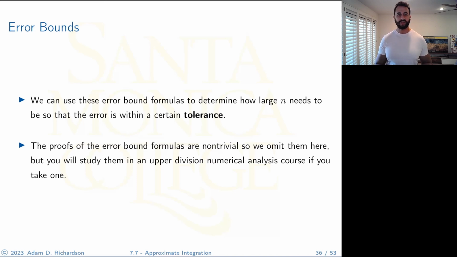How many subintervals would I need to cut up that interval A to B into in order to ensure that the approximation method I use gives me an approximation that's accurate to 7 decimal places? How do I do that? Well, that's where these error bounds come in. These error bound formulas can tell us exactly how many subintervals we need, or they can give us a bound on how many subintervals, a lower bound.